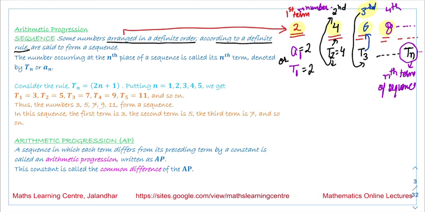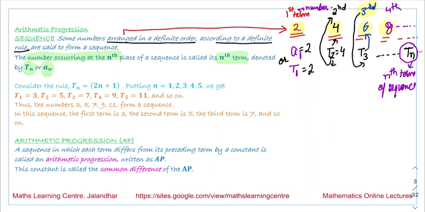So the number occurring at the nth place of a sequence is called the nth term, and it is denoted by Tn or An.